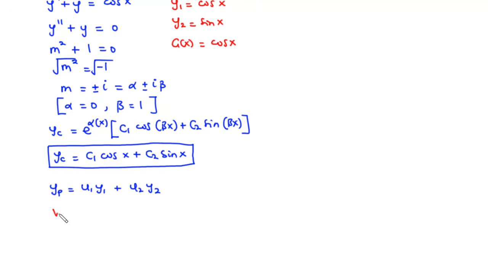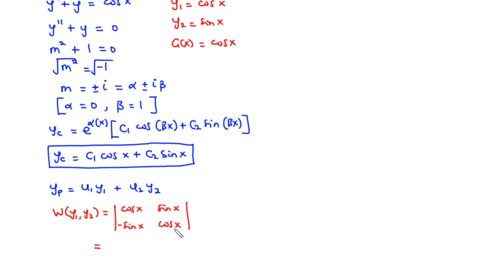So the wronskian of the two functions y1 and y2 is given by, now we have y1 to be cos x and y2 sin x. When you differentiate cos x you have negative sin x, when you differentiate sin x you have cos x.